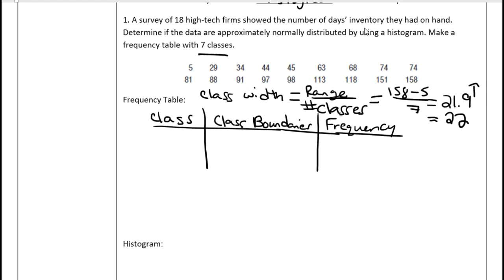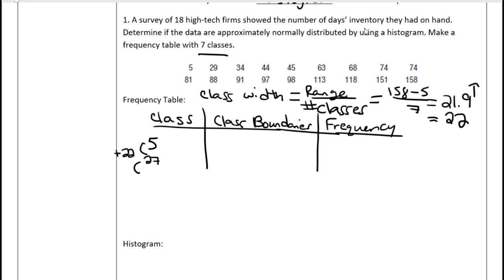This is already in numerical order, which is very nice for us. Normally we would have to put it in numerical order, but they already did it for us. So the smallest number is 5. Then you keep going and make your other classes by adding the class width to it. The class width is 22, so we add 22 to that, and we keep doing this until we have 7 classes.